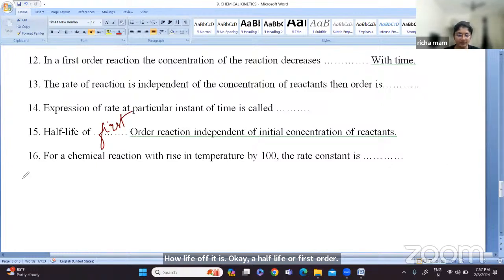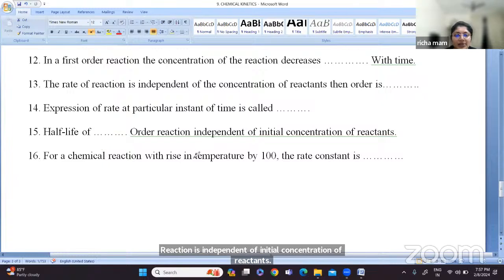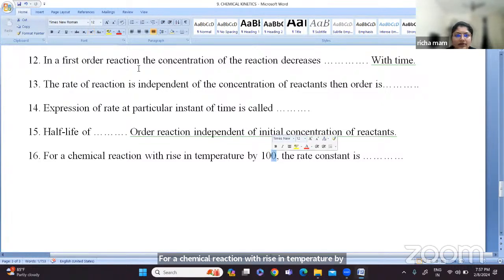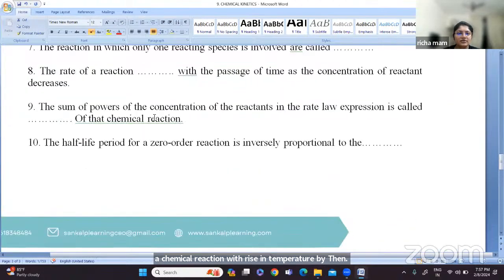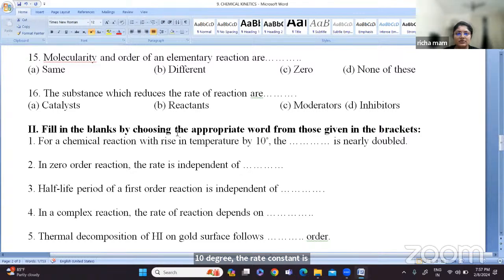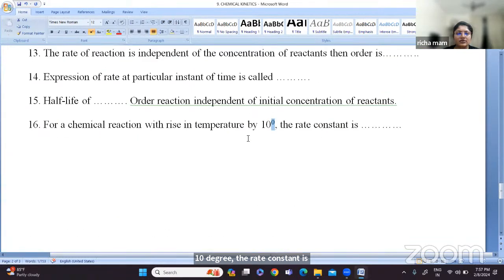Last question. For a chemical reaction with rise in temperature by 10 degree, the rate constant is.